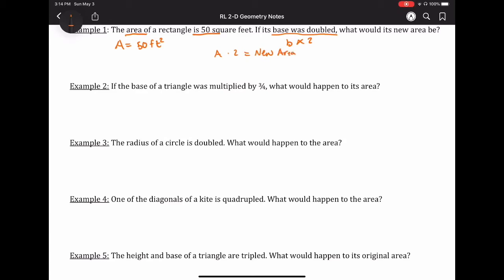So I have 50 times 2 is equal to 100. So my new area equals 100 square feet.